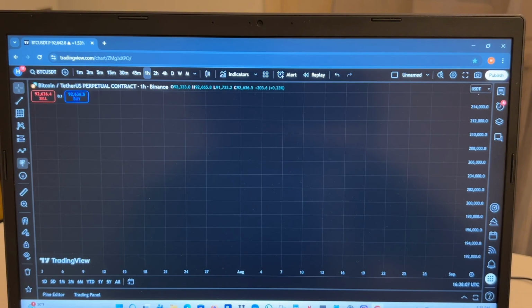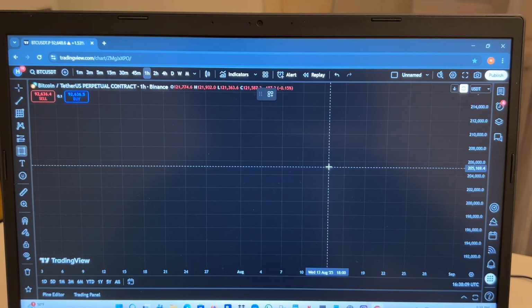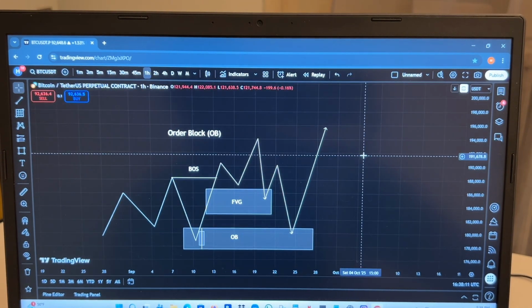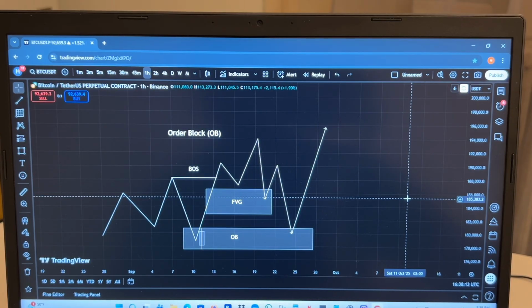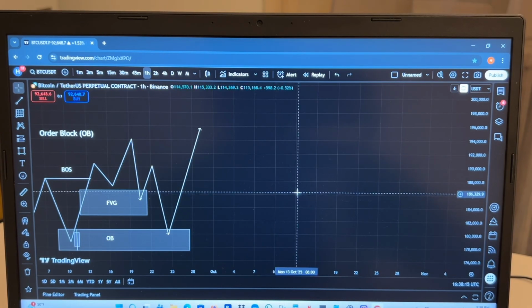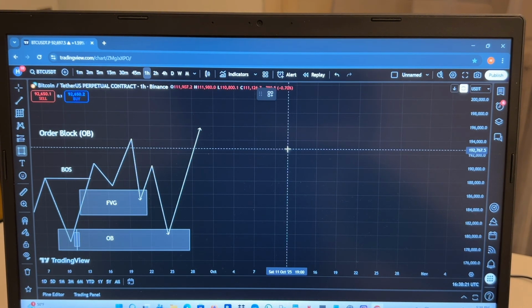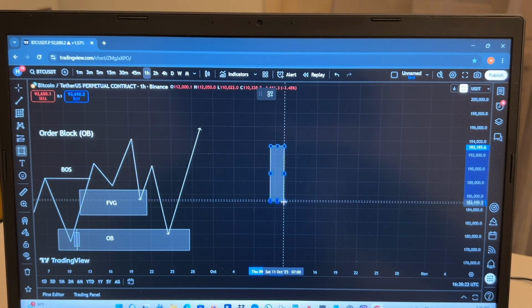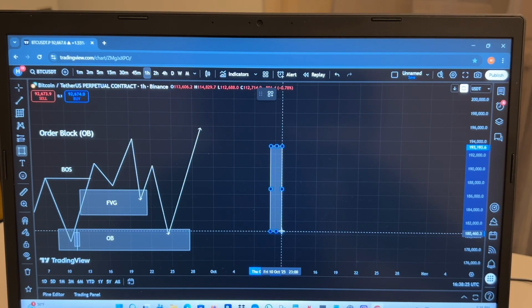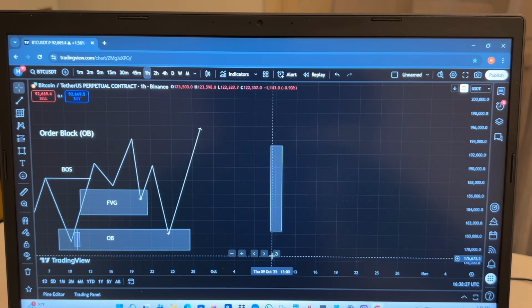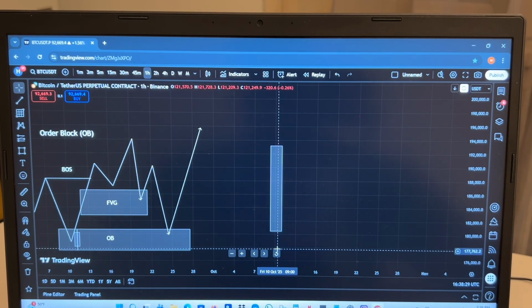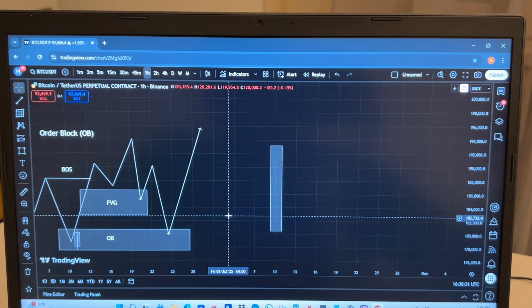Sometimes, let's say in an uptrend, right over here in an uptrend, this candle can differ. Right now here it looks like this. Sometimes it can give us a huge candle.